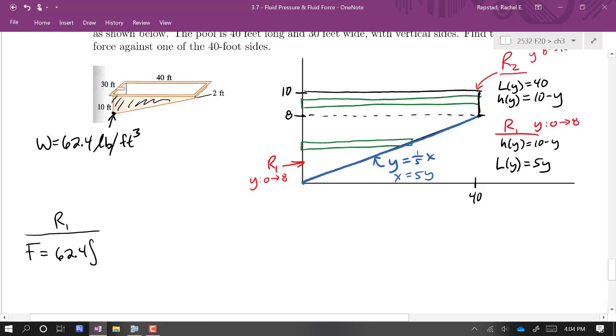62.4 times the integral from 0 to 8 of h of y, 10 minus y, times 5y, dy.